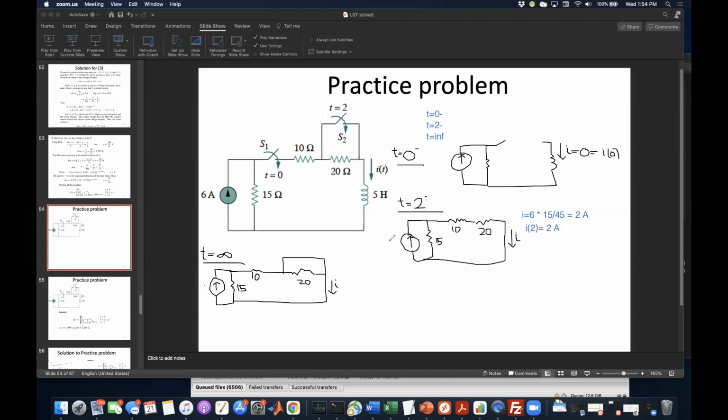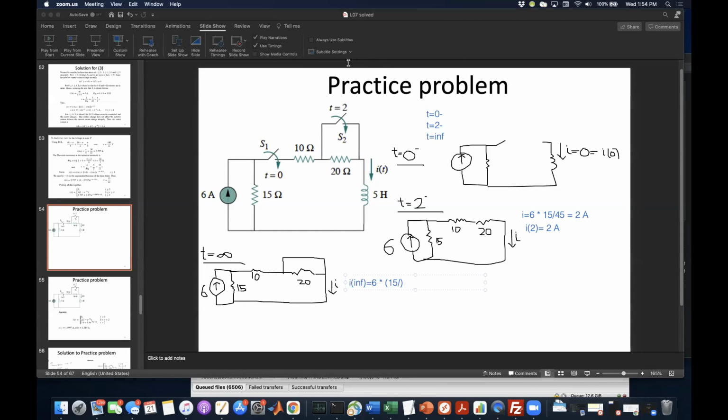This is 6 times what? What's going to be in the numerator and what's going to be in the denominator? I'll give the numerator; it will be the same. It will be 15.